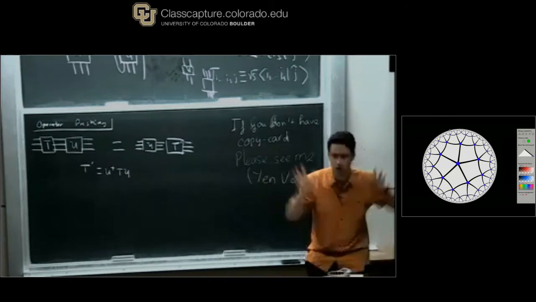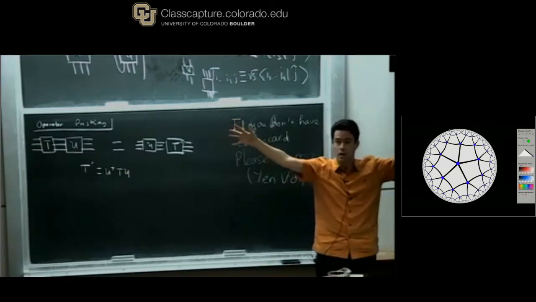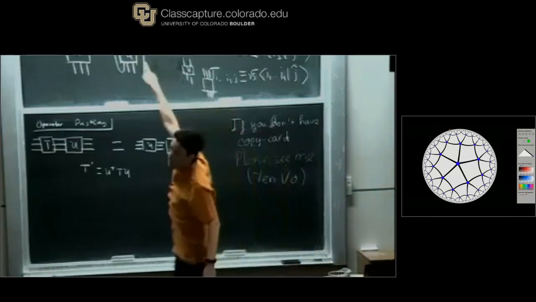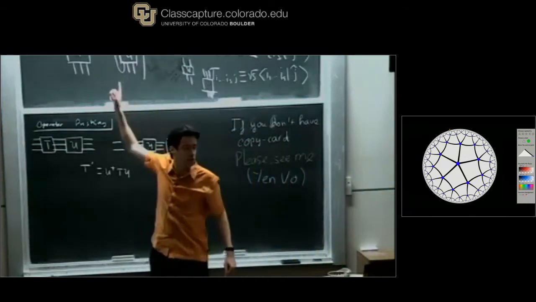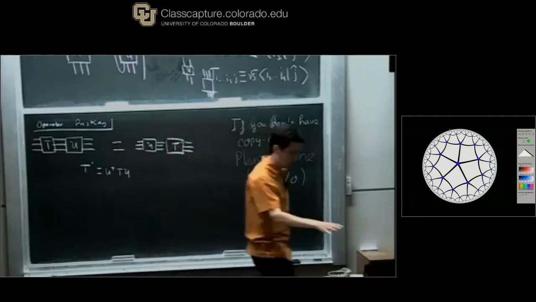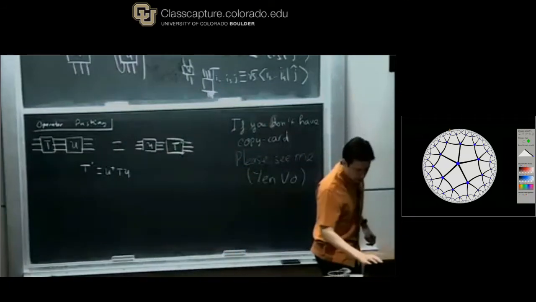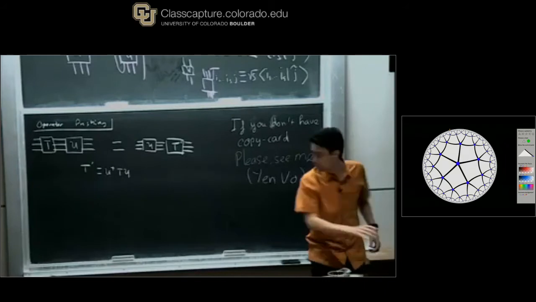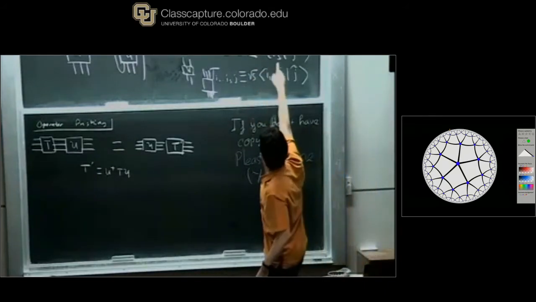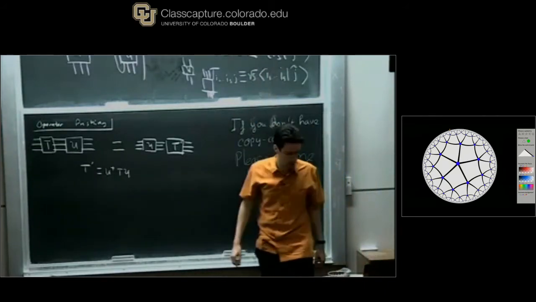Then we send all of the remaining legs out, and those are the i's here. So those are the CFT degrees of freedom. So this picture is telling you how to literally construct this T_ij tensor up here.